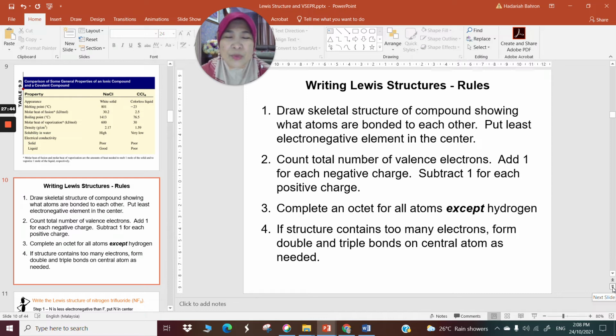Right, this is what I'm talking about. How do you go about writing or drawing the Lewis structures? These are the rules. Very simple rules. There are 4 rules.